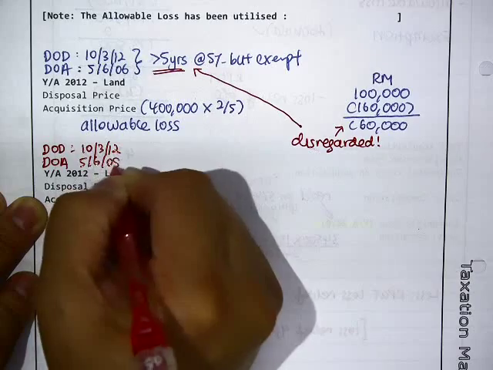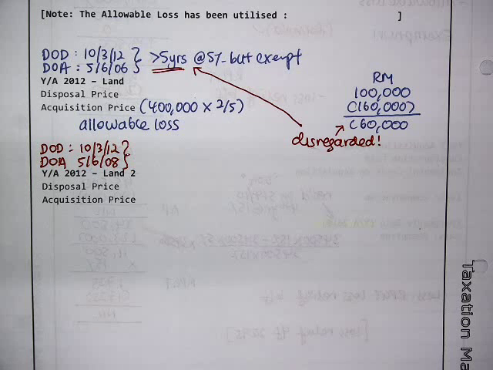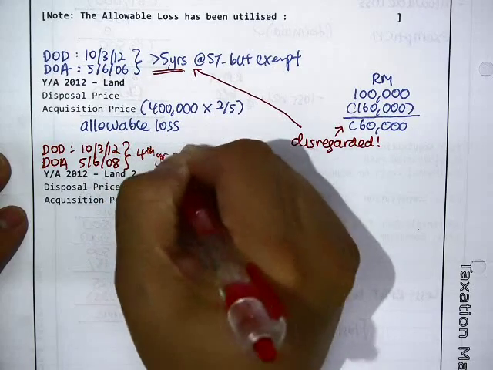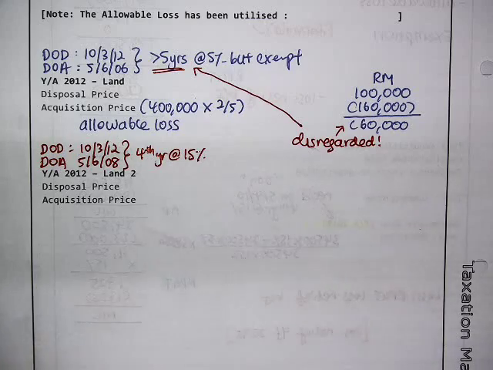What do you call this? Allowable loss. And what is so special about this loss? Anything special about this loss? This is a loss occurring from disposal after 5 years.